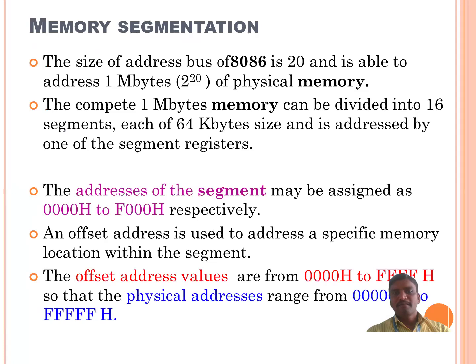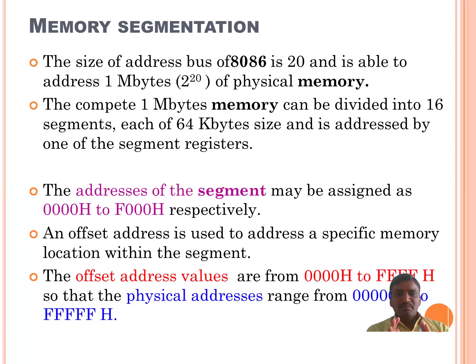For the particular segment memory we are selecting, the address range runs from starting address 0000H to ending address F000H. In total, it has 16 segment memories. Each segment memory size is 64 kilobytes.